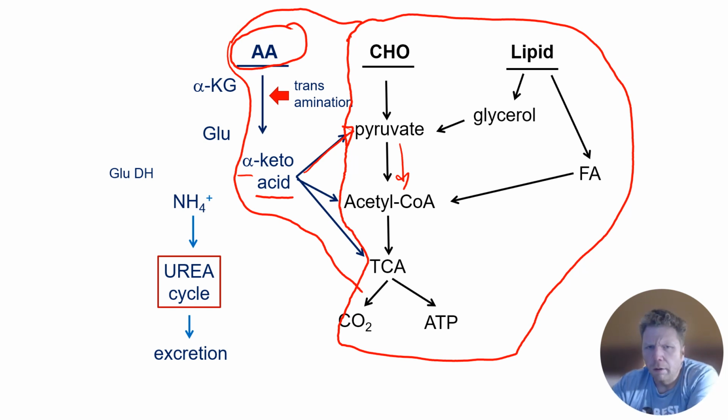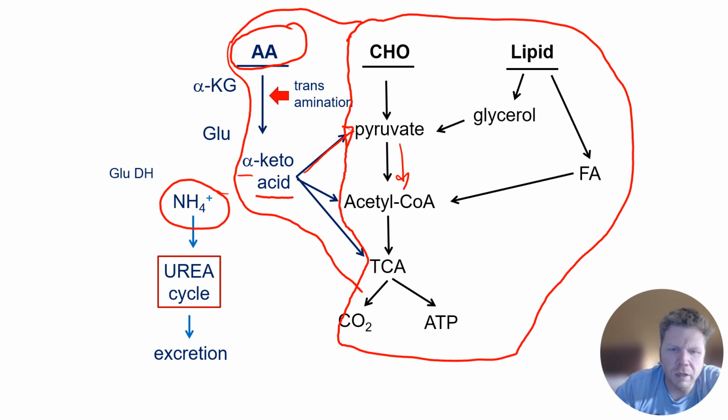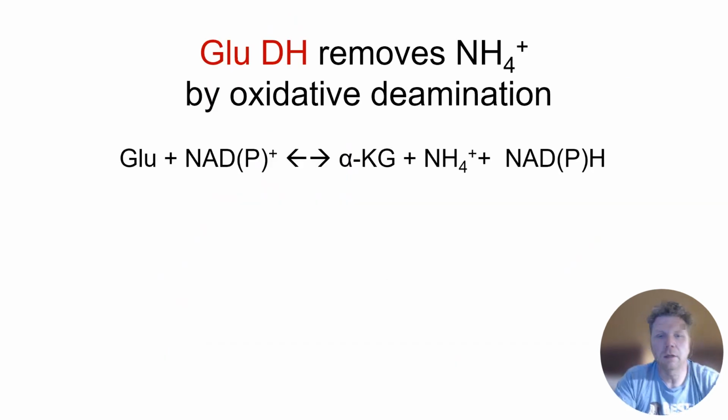So when it comes to major biological molecules, we have a means to break them down. Now, what's kind of neglected in all this, however, is the ammonium, NH4+. Well, we're going to metabolize that in a cycle known as the urea cycle, and that is going to be excreted ultimately.